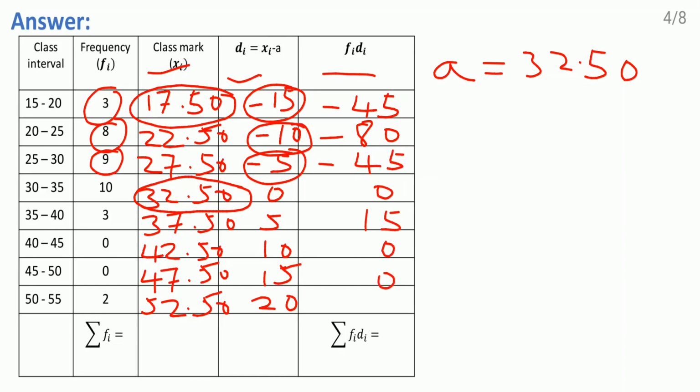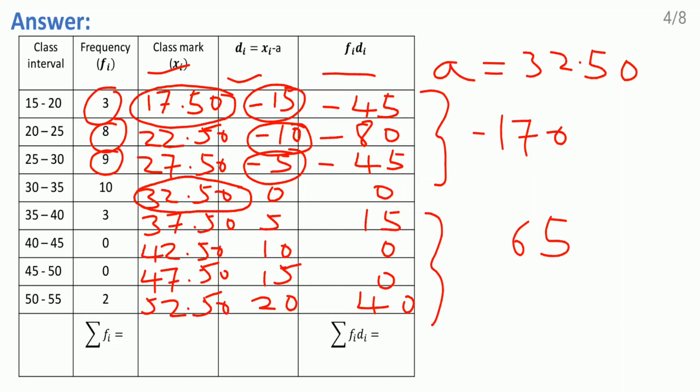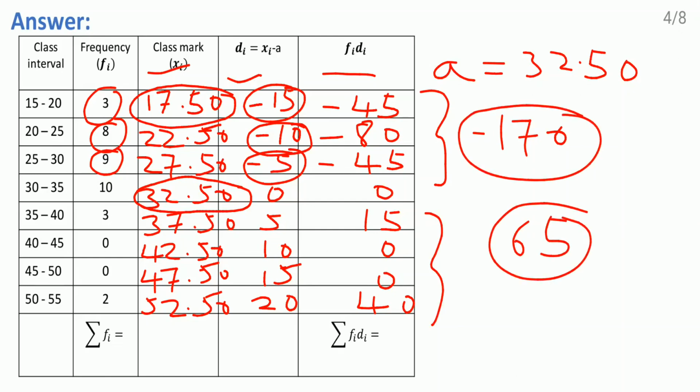This is also 0. 2 twos are 40. Correct. Now see, sum of these three numbers comes as minus 170. And sum of these numbers is 65. If we do the addition of these two numbers, our answer will come as 105. So the sum of all fi and di is 105.